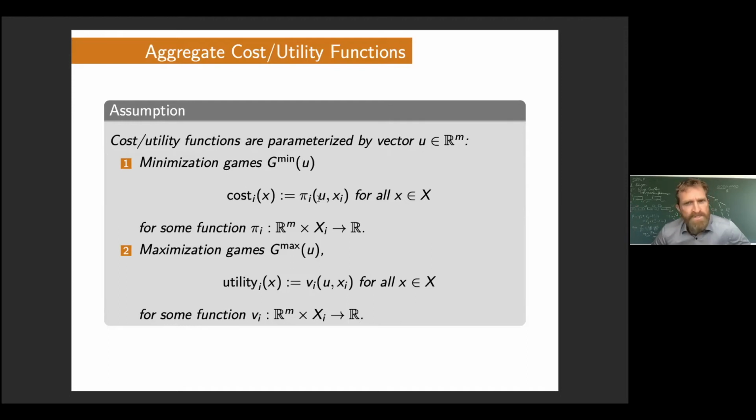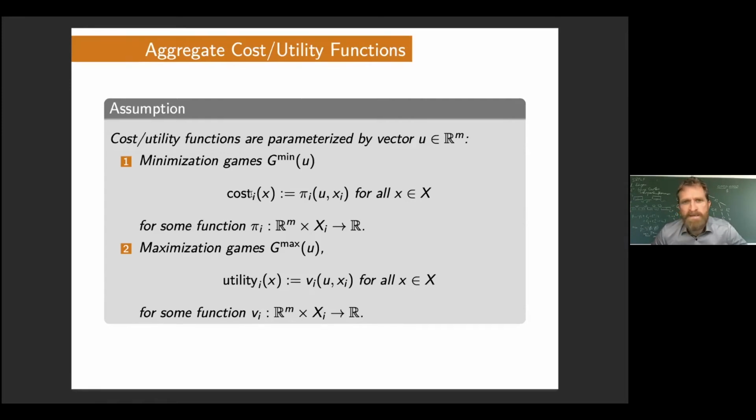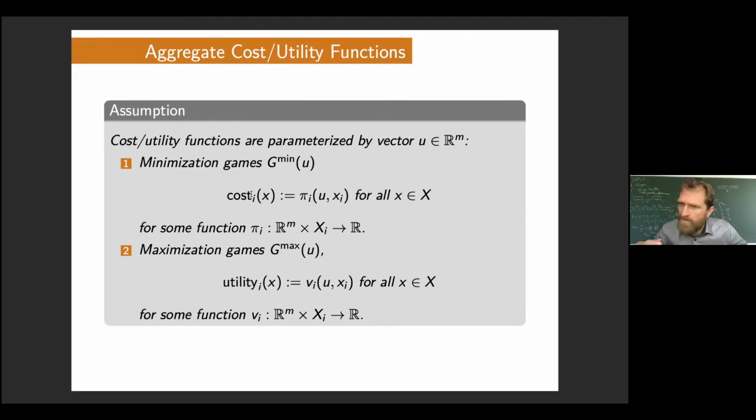And then the cost is just a function that gets the parameter as first argument, but the second argument is the own strategy of the player i. This is an assumption I impose. And in terms of a game theoretic setting, this is an extremely strong assumption that I impose here. This assumption says that the cost of one player i, in fact, only depends on its own strategy.